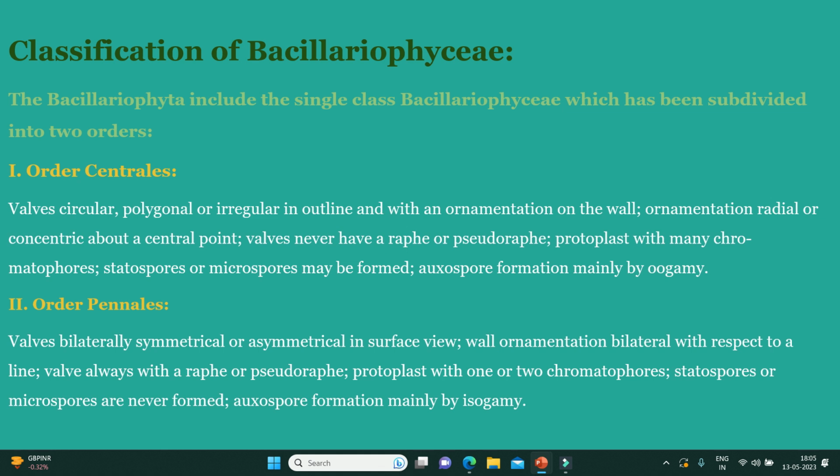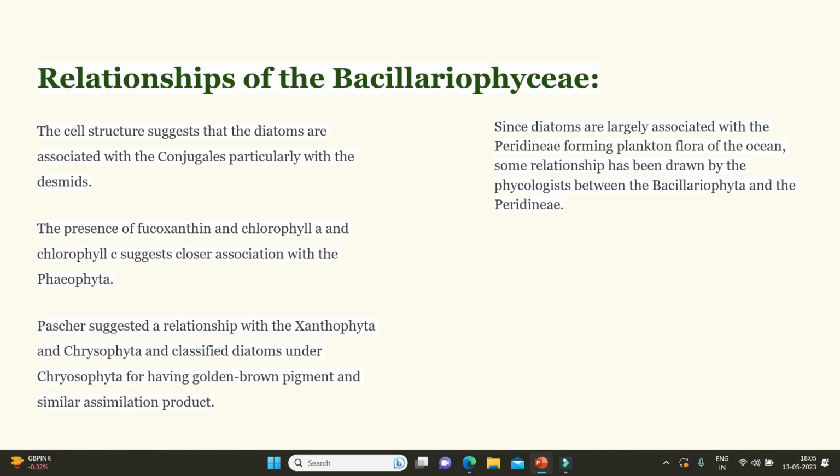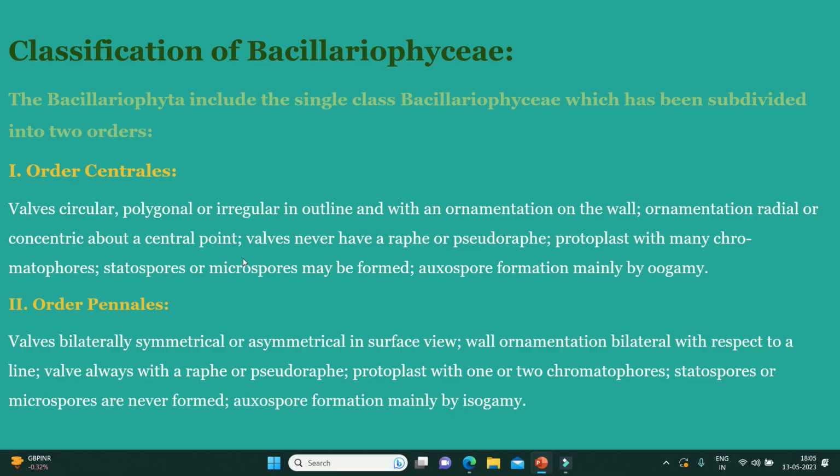In the Centrales, protoplast with many chromatophores. In Pennales, protoplast with one or two chromatophores. In Centrales, statospores or microspores may be formed.